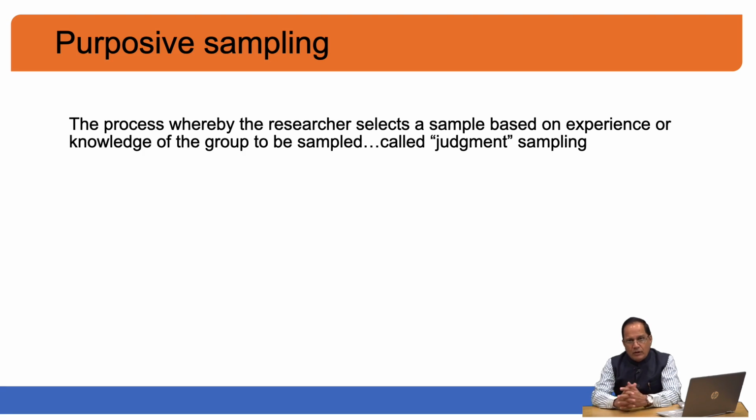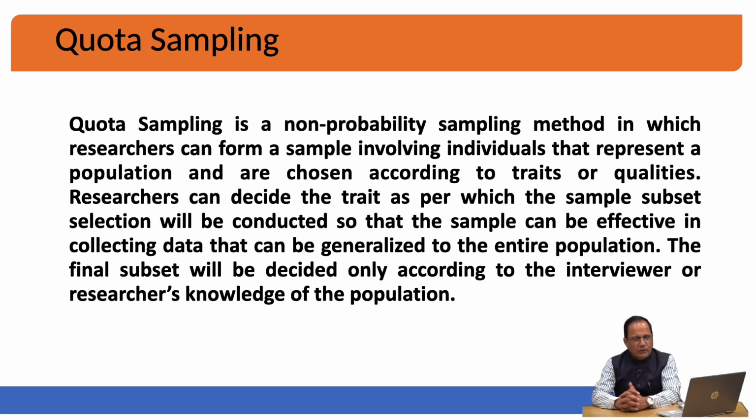The second type of non-probability or non-randomized sampling is quota sampling. Quota sampling is again a non-probability kind of sampling in which the researcher constitutes a sample by involving subjects or objects which represent a population and are selected because of their certain characteristic, quality or trait.